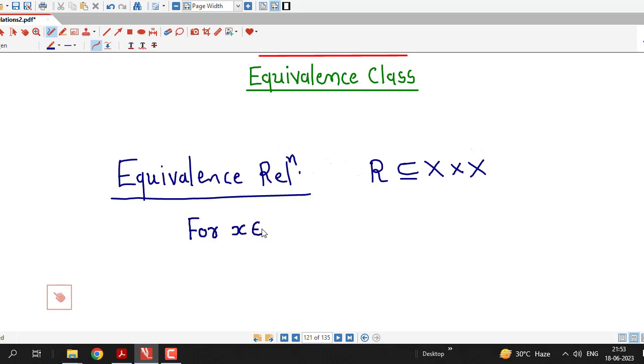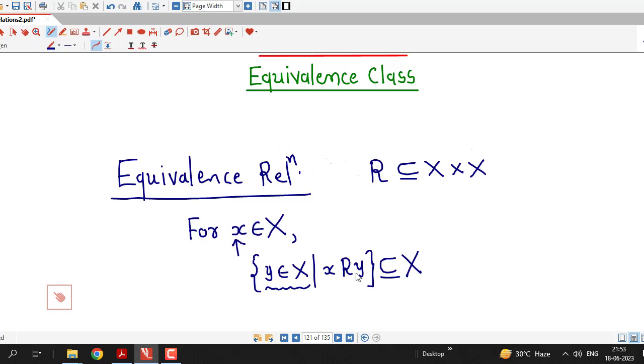Suppose I consider small x in a set capital X, then if I collect all those elements of set X such that x is related to those elements, then this set is nothing but a subset of given set X, and it is the collection of all those elements in set X such that this x is related to y.